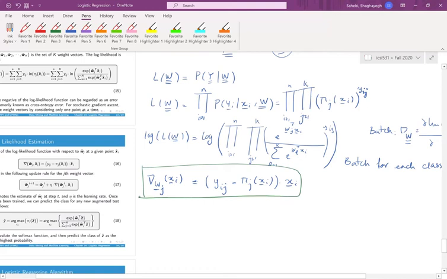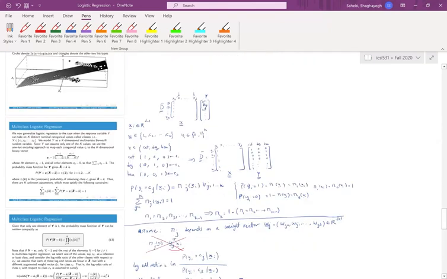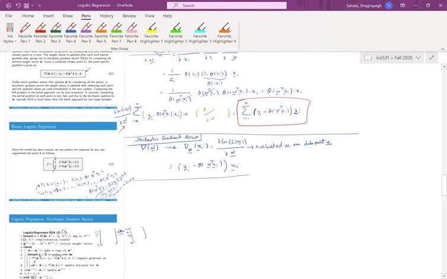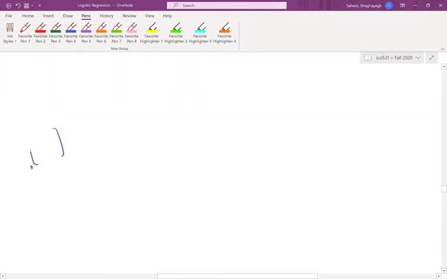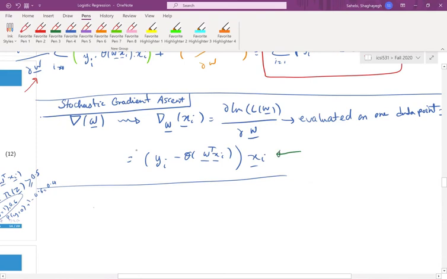Okay, so if you check our derivative when we had stochastic gradient ascent in the binary case, you can see that they are basically equivalent to each other.